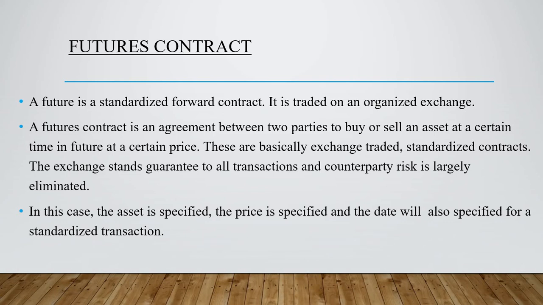The future contract is an agreement between two parties to buy or sell an asset at a certain time in the future at a certain price. These are basically exchange traded standardized contracts. The exchange guarantees all the transactions and counterparty risk is largely eliminated. So this is about future contracts.